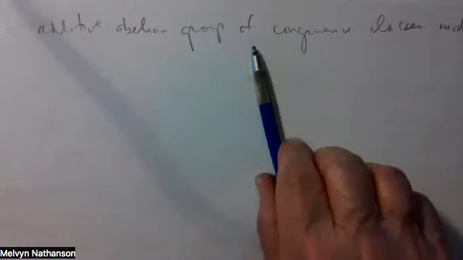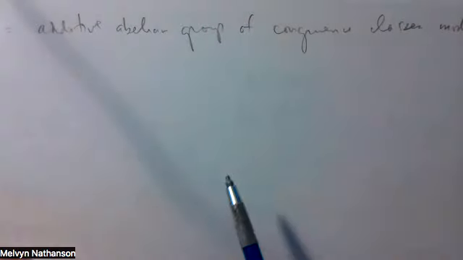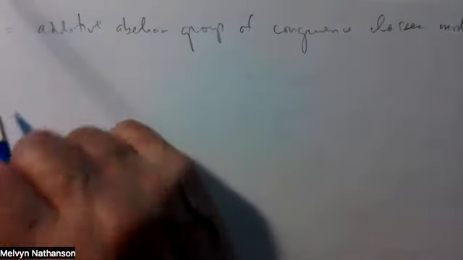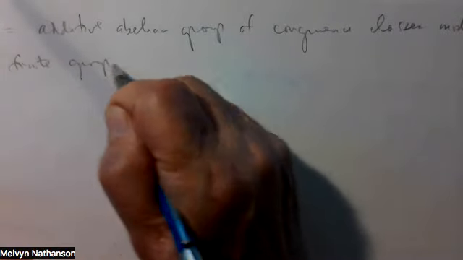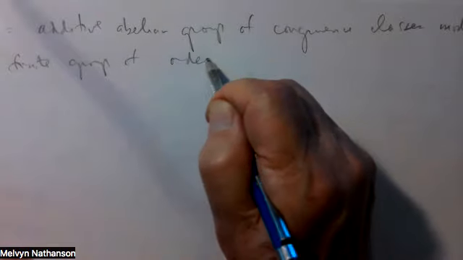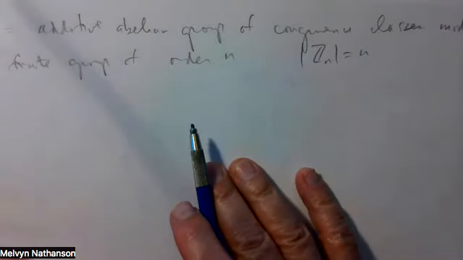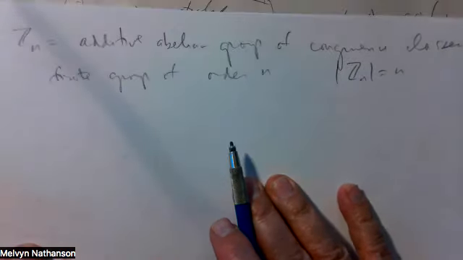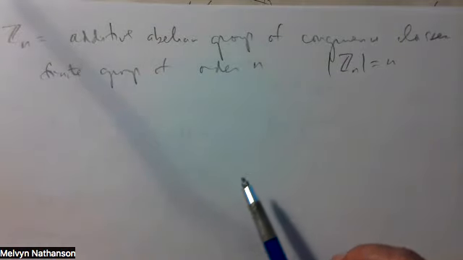So Zn is the additive abelian group of congruence classes mod n. So this is a finite group of order n for every n. So there's a group with 1 element, 2 elements, 3 elements, and so forth. These groups Cn.